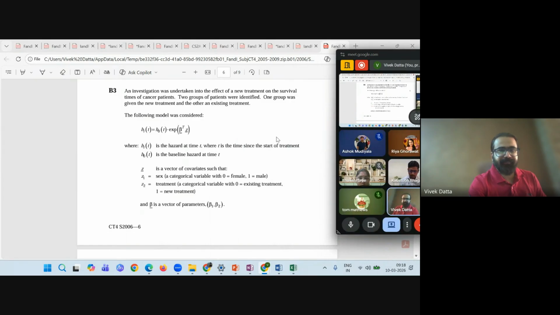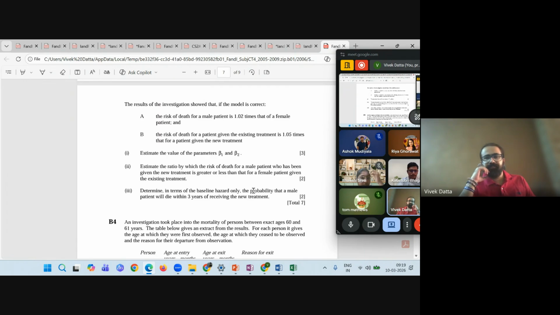Take a photo quickly. Take photo, take photo.